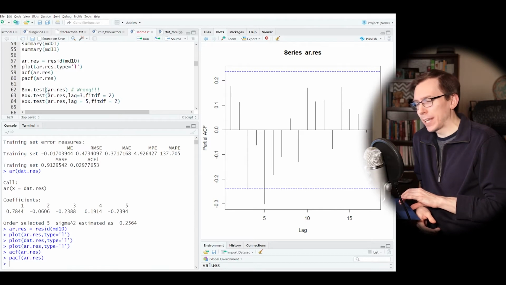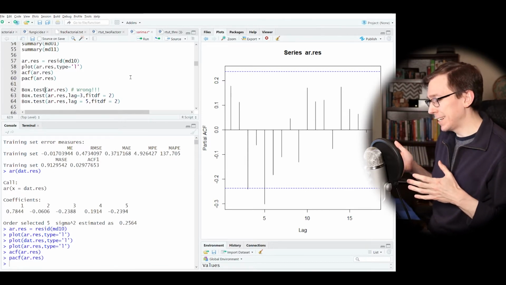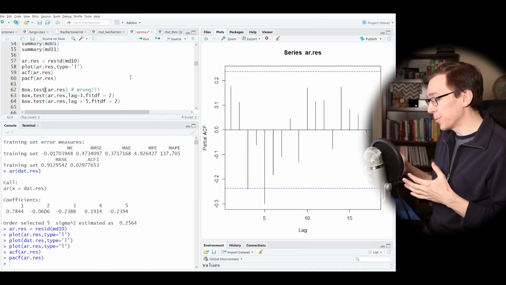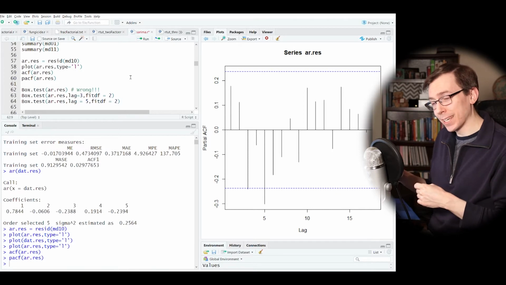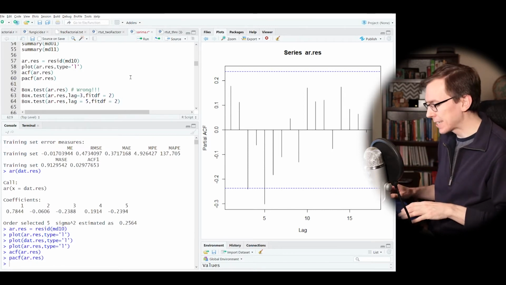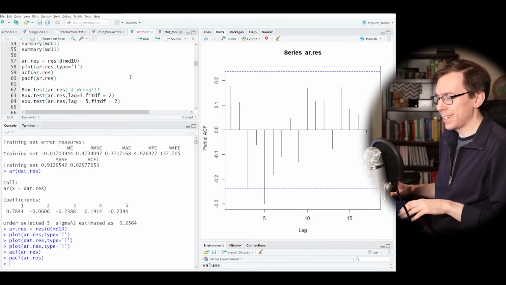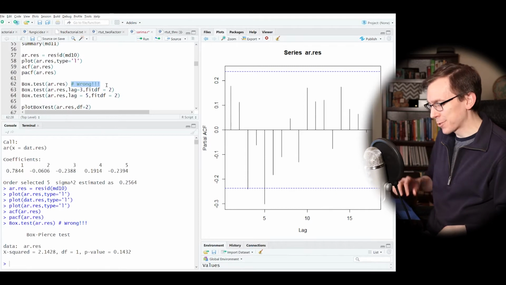Well, what we can do is we can try to use the box test to determine whether or not the autocorrelations computed for this residual process are significant or not. So I just type in box test and I plug in my data. And if you're reading the comment here, yeah, that's wrong, right?